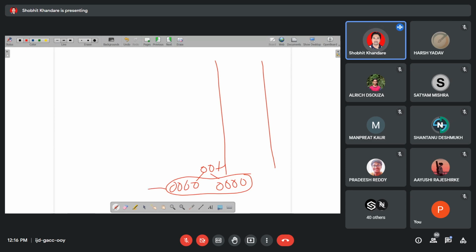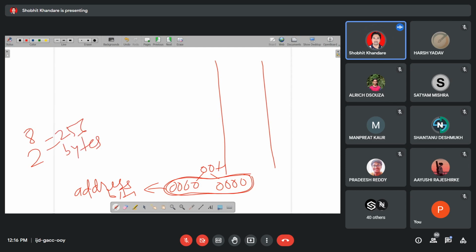They are called address bits. Using these 8 bits, हम कहाँ तक जा सकते हैं? For that you have 2 to the power of 8 is equal to 256 bytes. By using 8 bits, I can address 256 bytes.